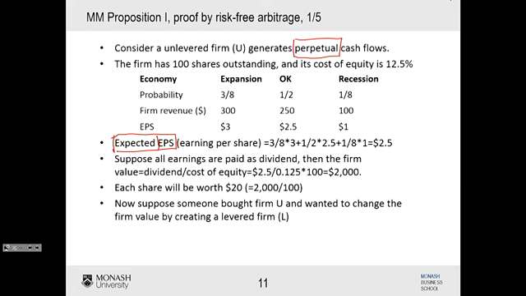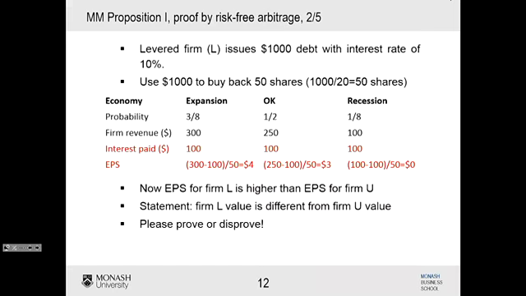Create a levered firm, which is, in short, L, levered. Let's see how that levered firm could be. There could be any type of levered firm, but let's assume, again, the levered firm L issues $1,000 of debt.